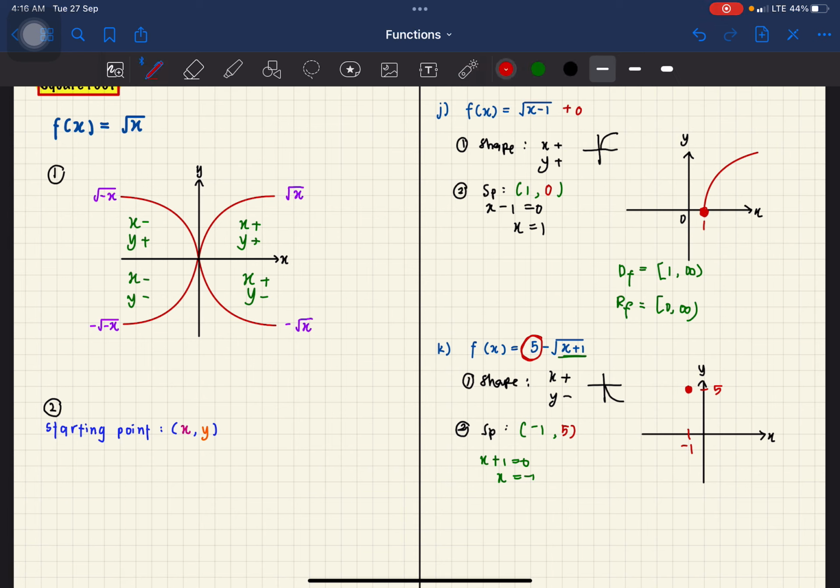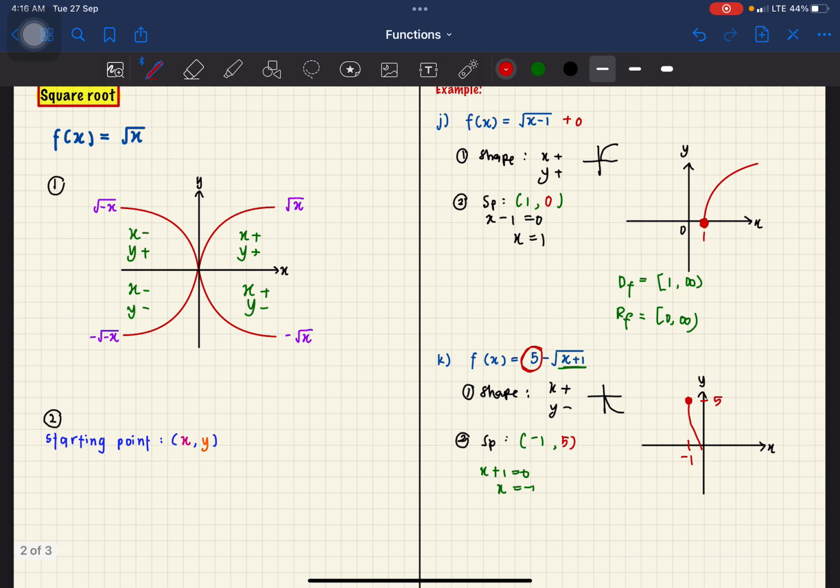Maksudnya kita akan ambil daripada sini. Awak letak awak punya pen dekat sini. Okay, and then dia akan ke sana. Okay, so let's buat macam ni. Okay, so if you notice, function kita dia akan pergi ke sana, graph ni. Tapi awak tak tahu sama ada dia macam ni ataupun macam ni.